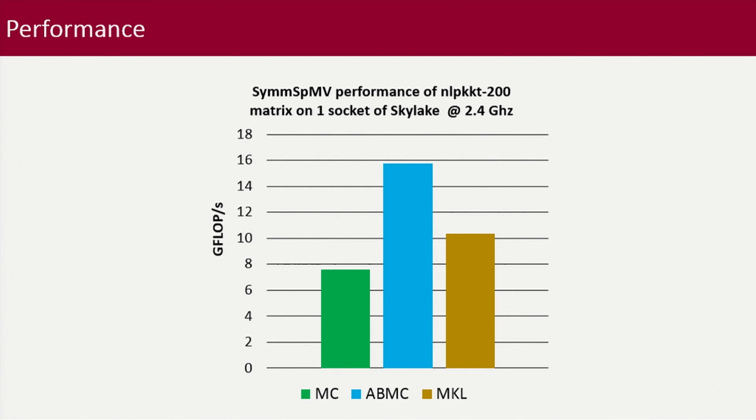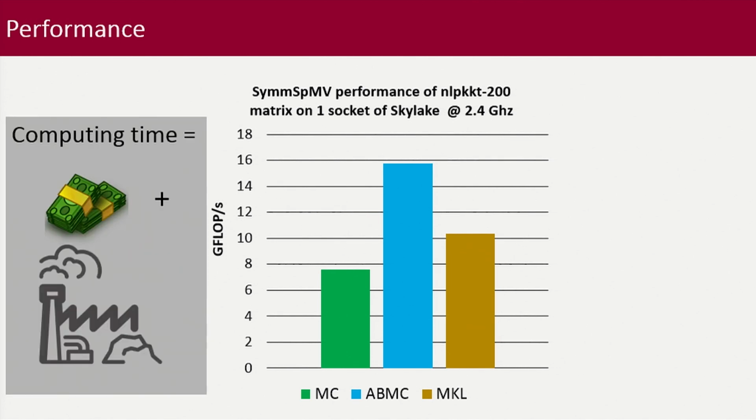The plot shows performance of different methods in gigafloating point operations per second, abbreviated as GFlop/s. Here we compare the multicoloring method, the algebraic block multicoloring method, and the Intel MKL implementation. We can easily observe that ABMC, the algebraic block multicoloring method, performs the best in this case.